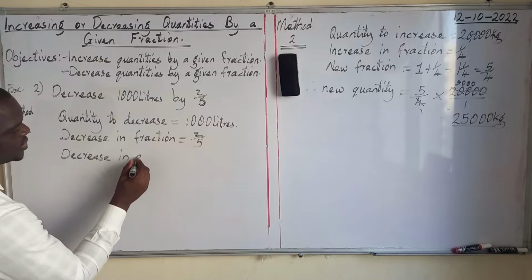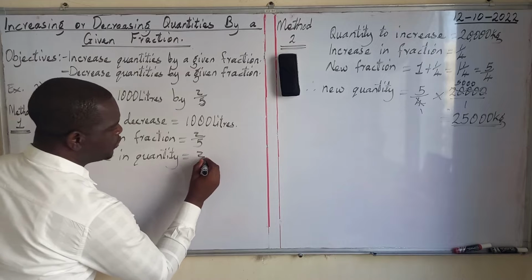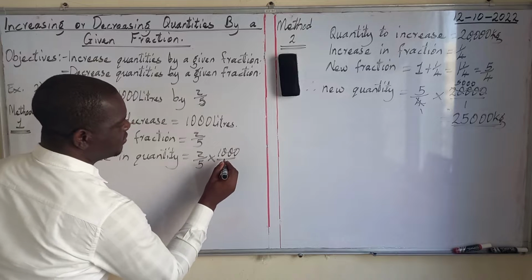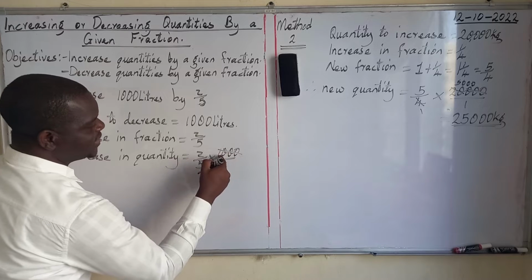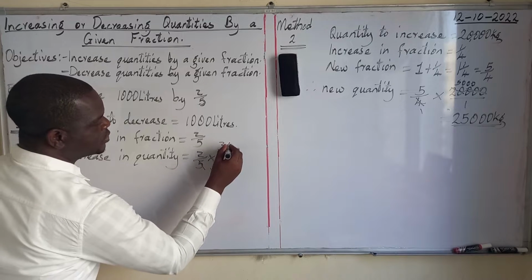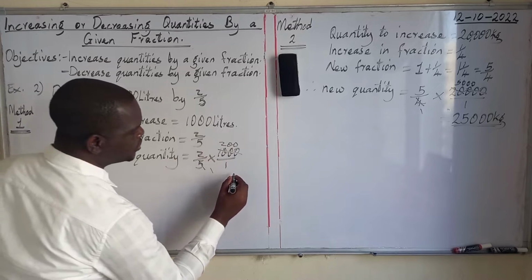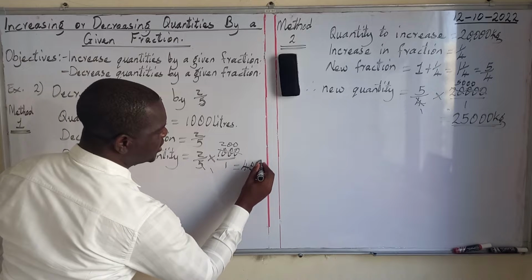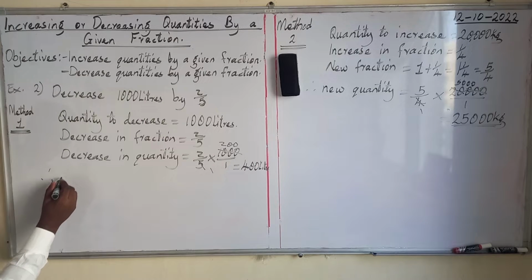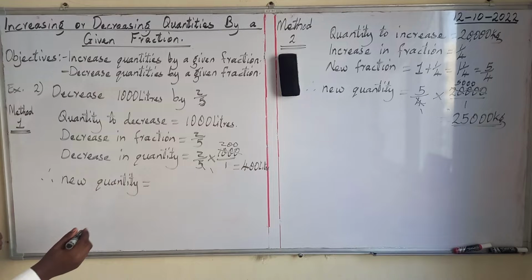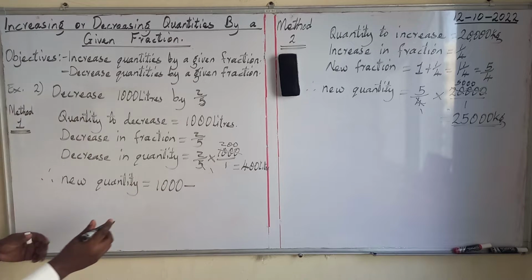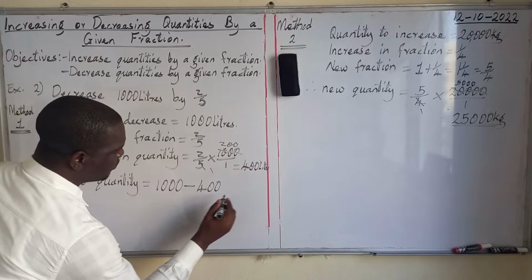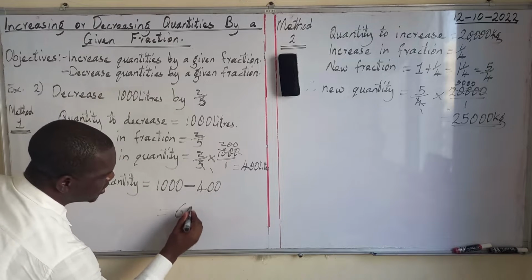Decrease in quantity is equal to 2/5 times 1,000 over 1. 5 can divide itself 1 time and 5 can divide 10 2 times, and these 2 zeros will follow. 2 times 200 is going to give 400 liters. Therefore, new quantity will be equal to the old quantity, which is 1,000, minus the decrease, which is 400. And the answer here will be 600 liters.